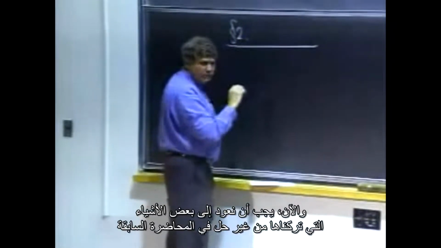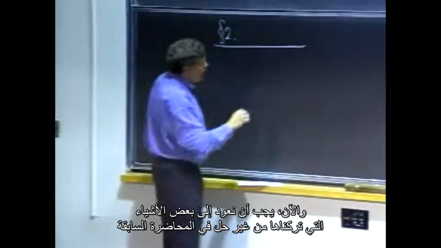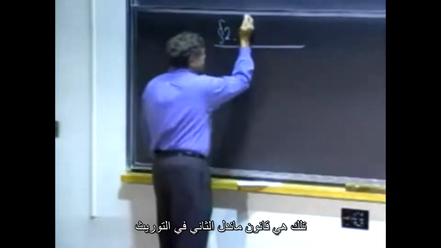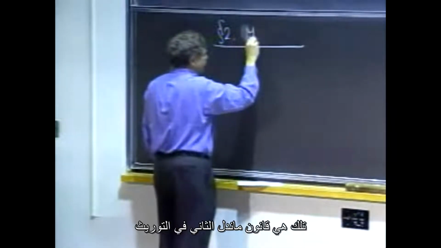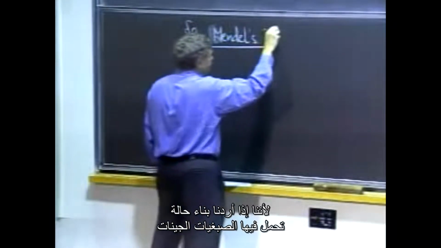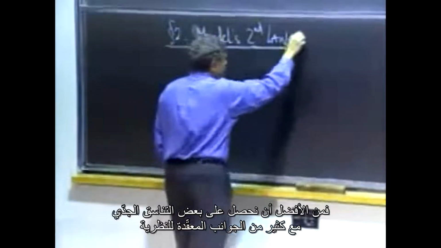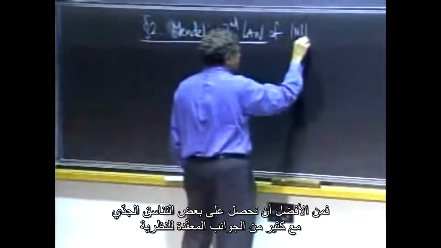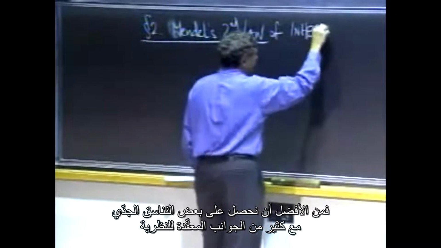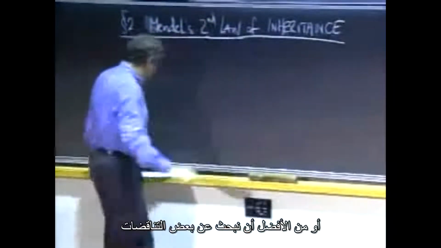So now I have to bring you back to some of the things that we left unresolved last time, which is Mendel's second law of inheritance. Because if we're really going to start building a case that chromosomes really do carry genes, then we better get some serious consistency with much more complex aspects of the theory, or we better look for some contradictions.